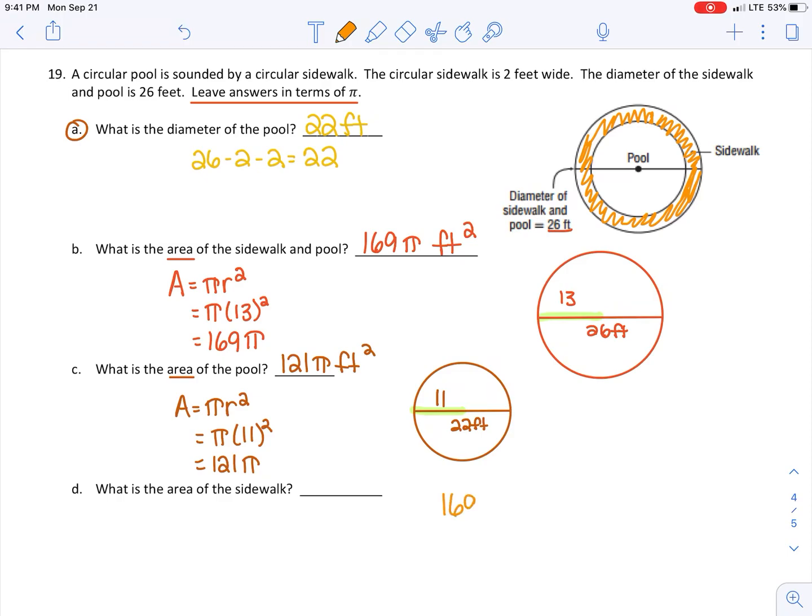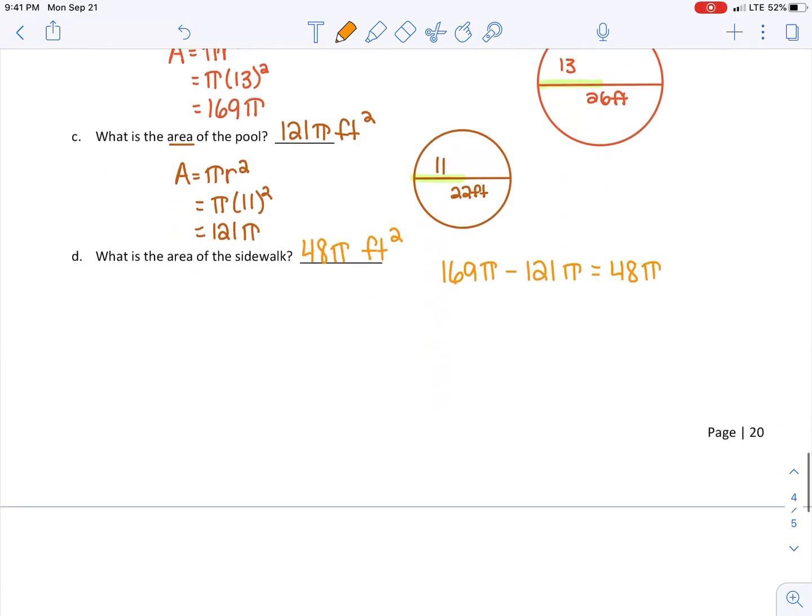So I'm taking 169 pi, my big circle, and I'm subtracting 121 pi. Now if I do that, what I end up with is 169 minus 121, which is 48, and then the pi's stay there. So we have 48 pi, and we're talking about feet squared still.